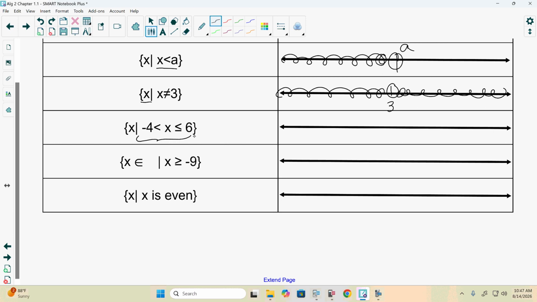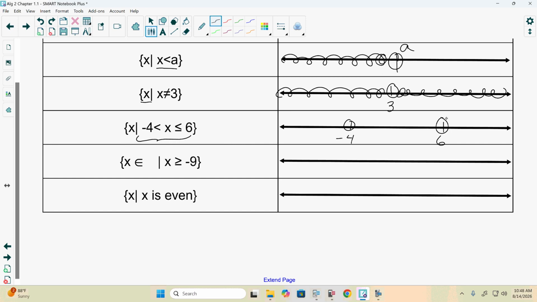So we know we're going to want -4 and 6 as our endpoints if we were to graph this. And we put 2 circles at both of those points. Now, the next two things we need to do: one, we need to figure out where we need to shade, and two, we need to figure out if one, both, or neither of those circles are filled in.